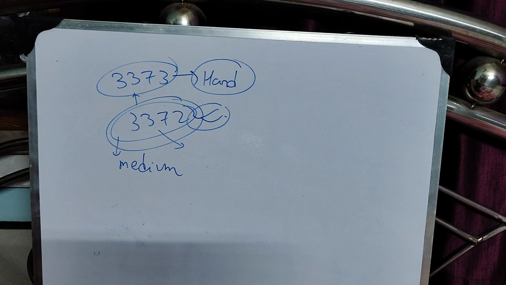So let's first check what the question itself is, because understanding the question is very important. Once you have understood the question, half of your problem is already solved. So let me read the question first.